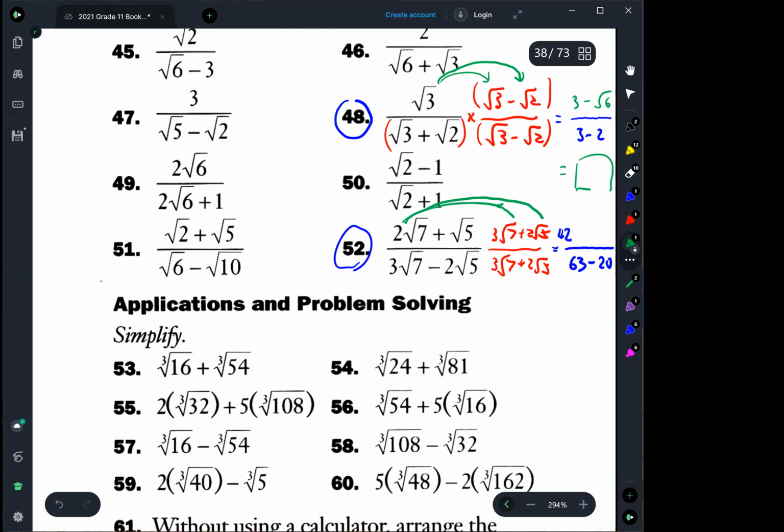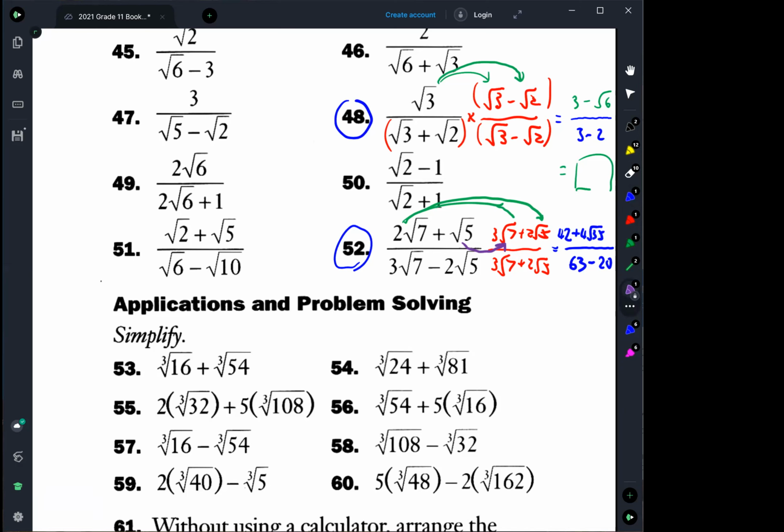Multiplying the second one would be 4 root 35. Plus or minus? Plus. Okay, 4 root 35. Let's go to the next part. The next part is starting with the root 5 to multiply.